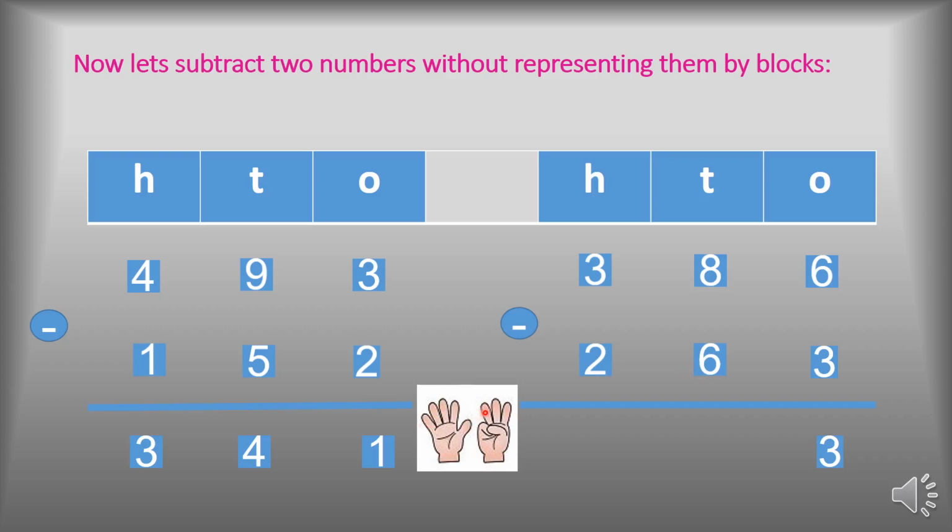Then I count the remaining fingers: 1, 2. In the hundreds digit, I will put 3 fingers on my hand and close 1, 2, and the remaining is 1. Then the answer is 123.